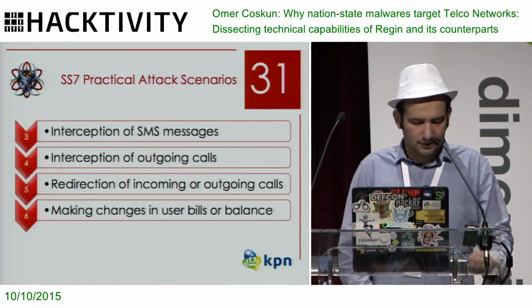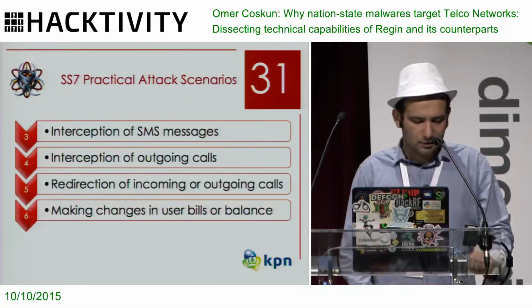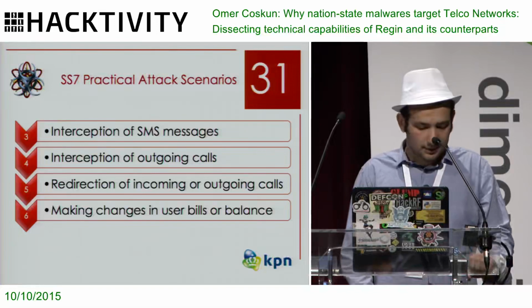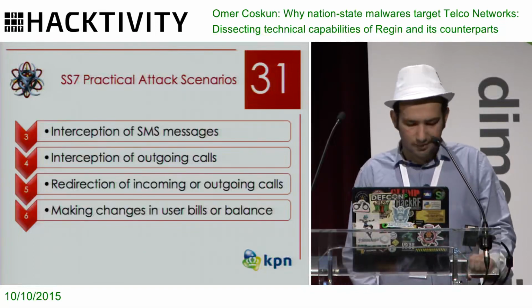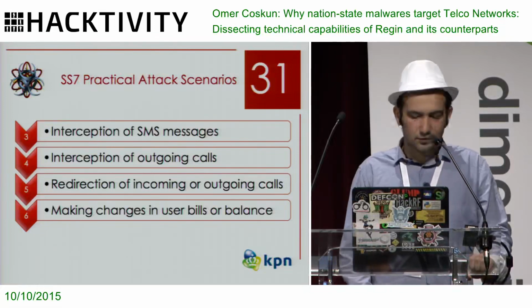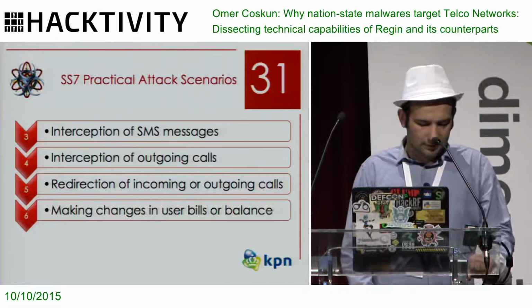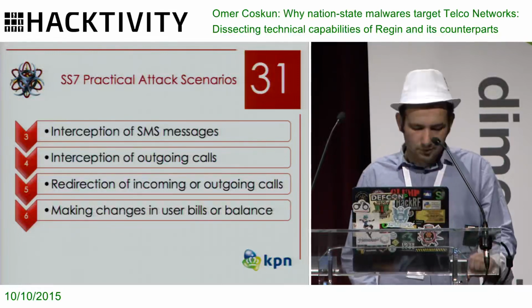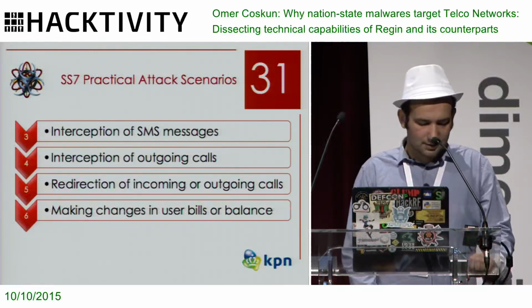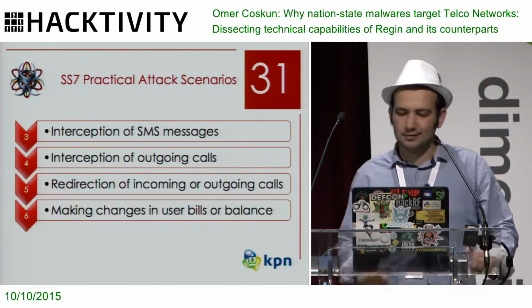Furthermore, the following attack scenarios are also possible by manipulating VLR and HLR units within the SS7 networks: interception of SMS messages, interception of outgoing calls, redirecting incoming or outgoing calls, and making changes in user bills and the balance.